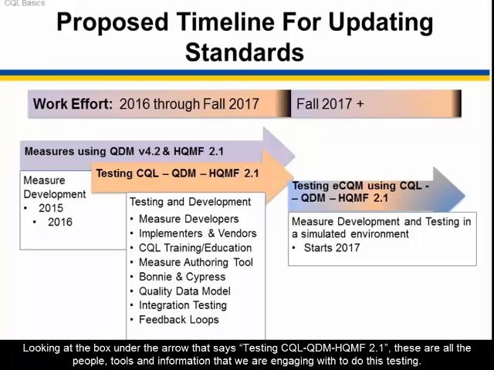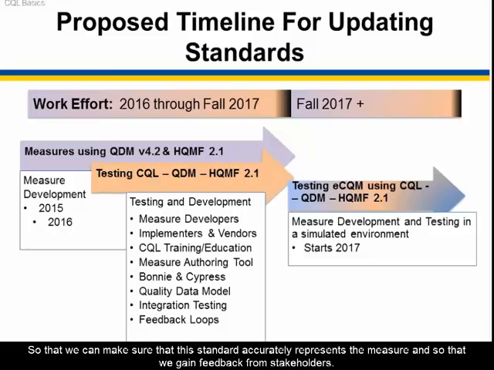Looking at the box under the arrow that says Testing CQL, QDM-HQMF 2.1. These are all the people, tools, and information that we are engaging with to do this testing so that we can make sure that this standard accurately represents the measure and so that we gain feedback from stakeholders.